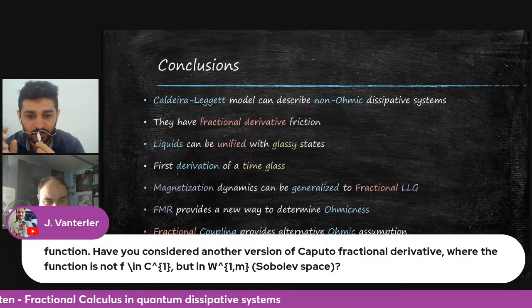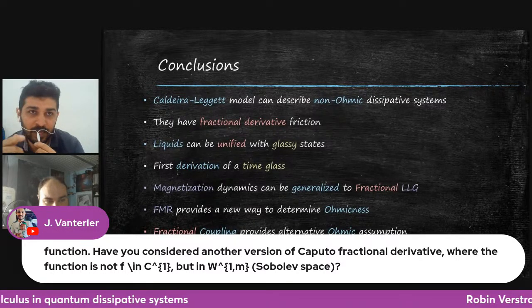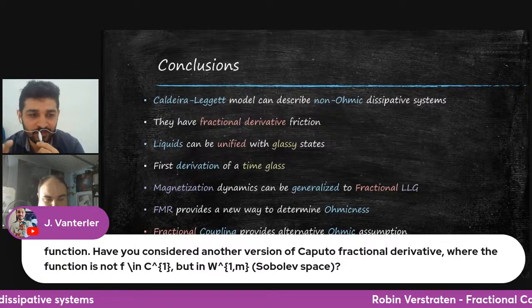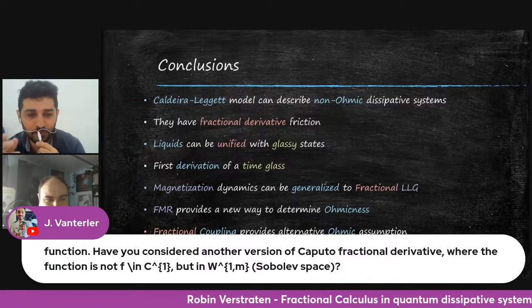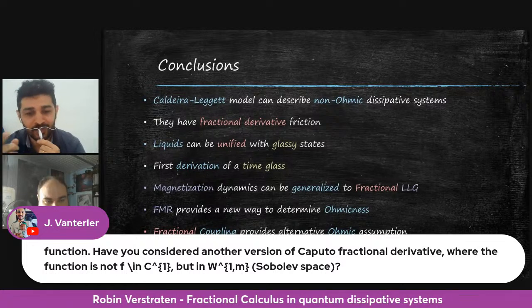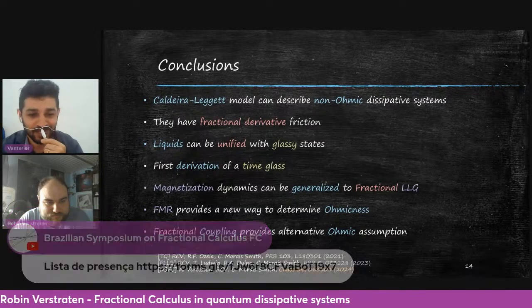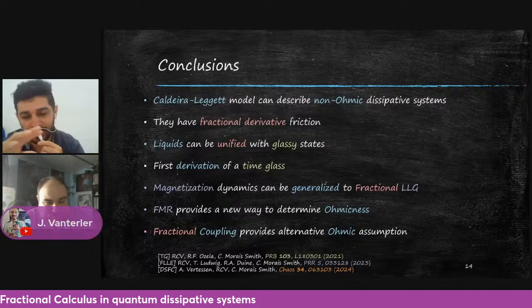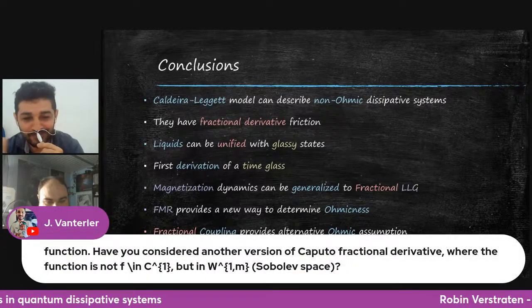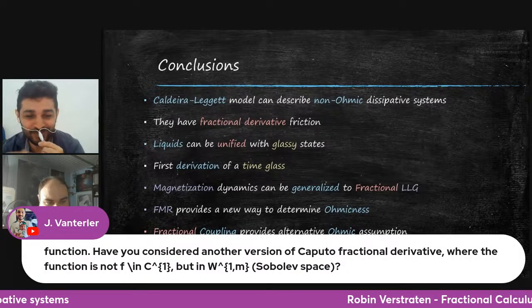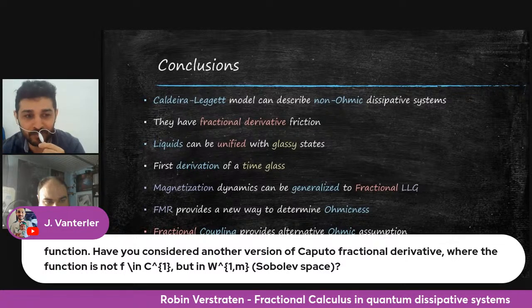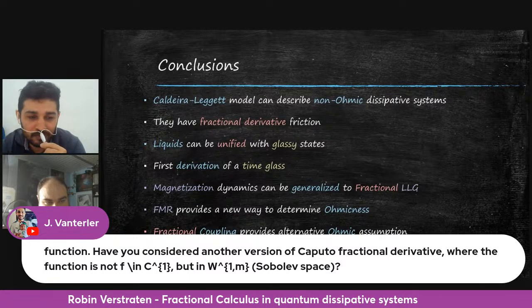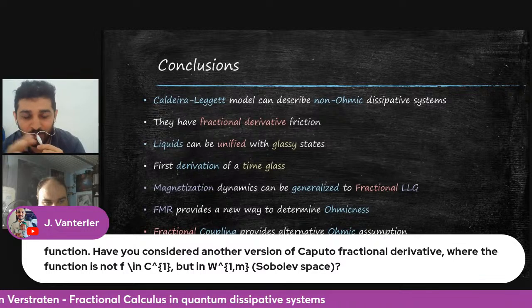Many papers about physical problems use the C1 class because it is very related, but many researchers use functions in Sobolev spaces, and you have many new properties for this equation. Can you comment on this?